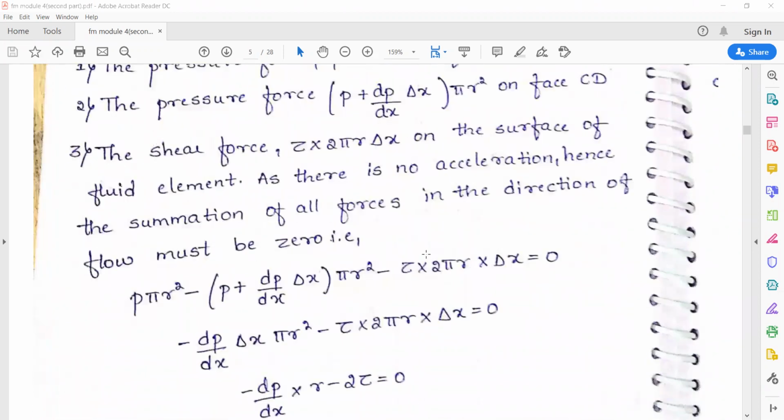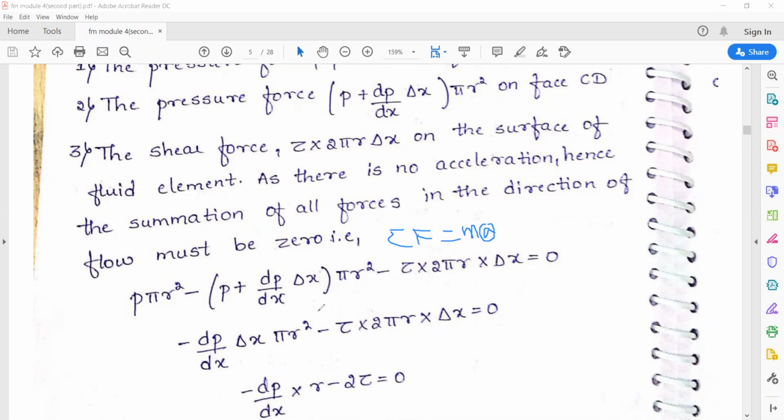While deriving the expression, Newton's second law of motion is used, that is summation of forces is equal to mass into acceleration, F is equal to ma. Since steady flow is considered here, acceleration becomes zero, that is, change in velocity with respect to time becomes zero. So summation of forces is equal to zero.